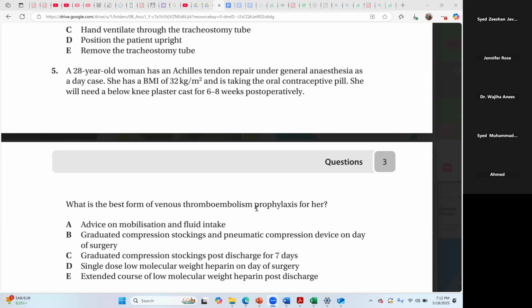Okay. So what is the relationship between venous thromboembolism and regional anesthesia? Is there any advantage of regional anesthesia? Sir, regional anesthesia has an advantage. It decreases the chances of venous thromboembolism. How?